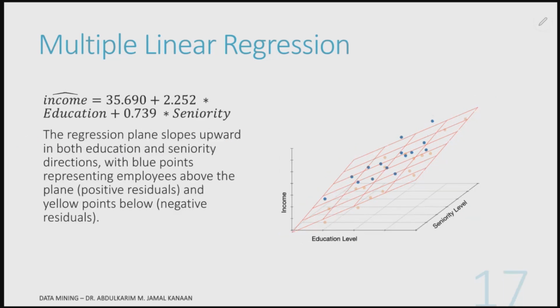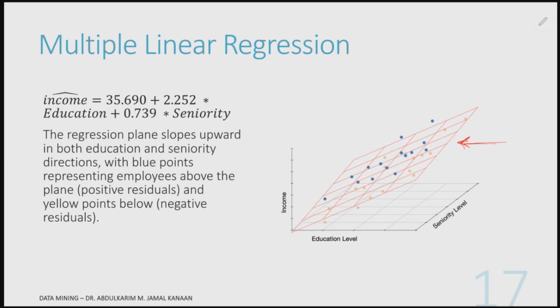So let's say we run regression. Of course, now we're not looking for a best fitted line. Now we're looking for the best fitted, what do we call it, shape, something.